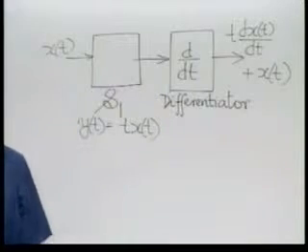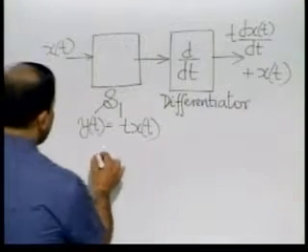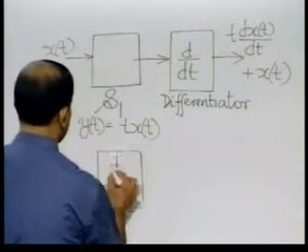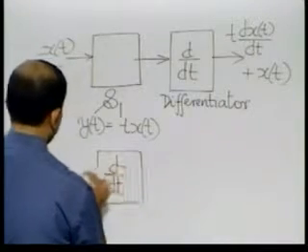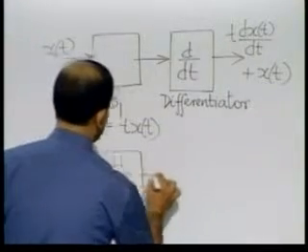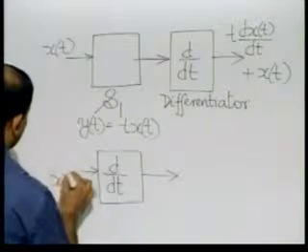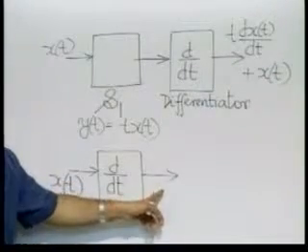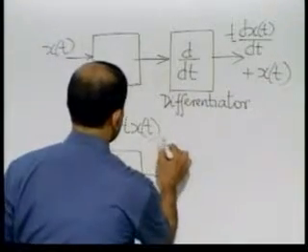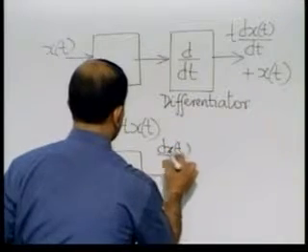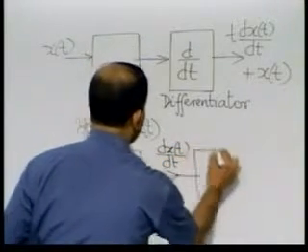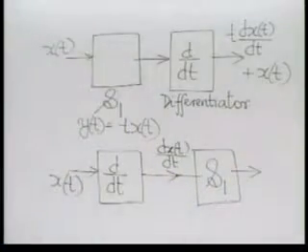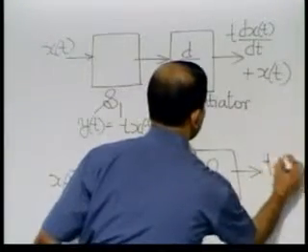Is that right? On the other hand, if I happen to interchange the order in the cascade, what do we get? We get the derivative of x(t) here. And if we happen to feed this to the system S1, the output then becomes just t times dx(t)/dt.